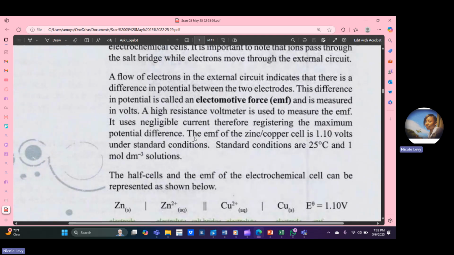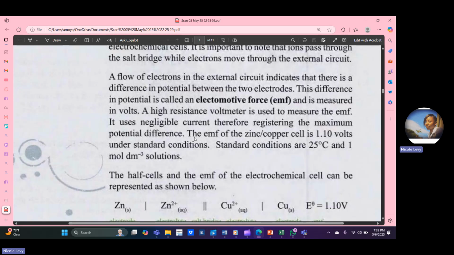So a flow of electrons in the external circuit indicates that there is a difference in potential between the two electrodes. This difference in potential is called an electromotive force. So the electromotive force is basically a difference in potential between two electrodes.